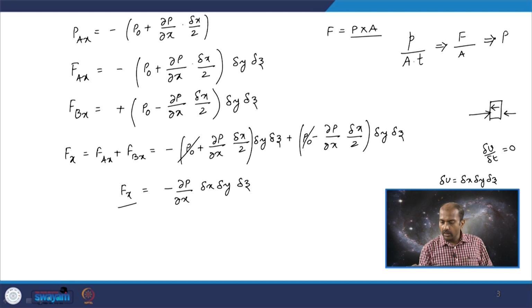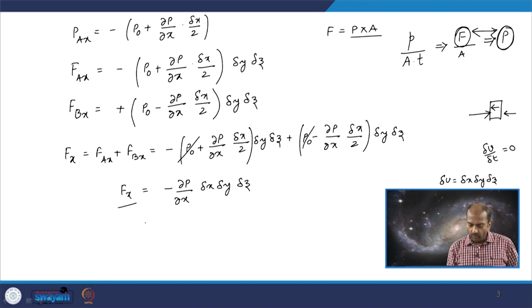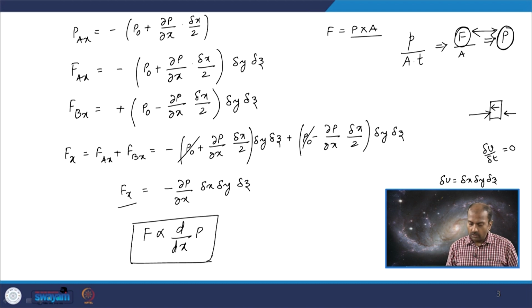Now, what you realize is that the force is not proportional to the pressure as it is. Force and pressure are not directly proportional. Rather, force is proportional to the gradient of pressure along the x direction, not the pressure directly.